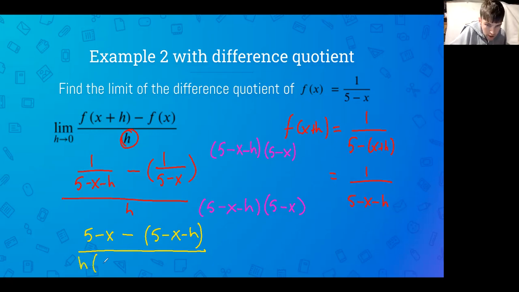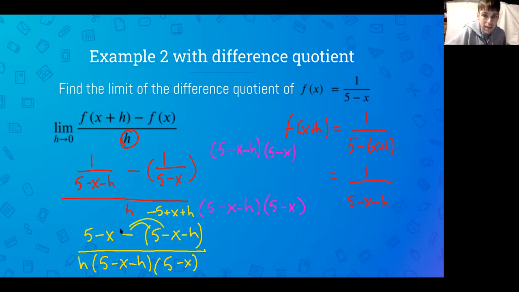So h times 5 minus x minus h over 5 and 5 minus x. Okay. A little bit of algebra here. We've got to distribute this. So we end up with minus 5 plus x plus h.